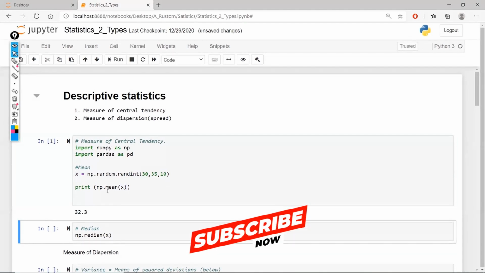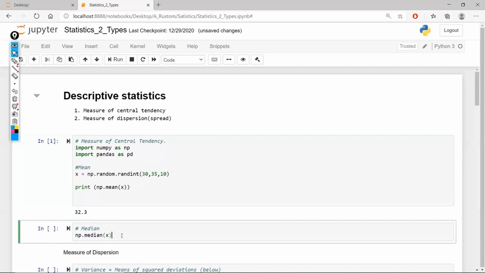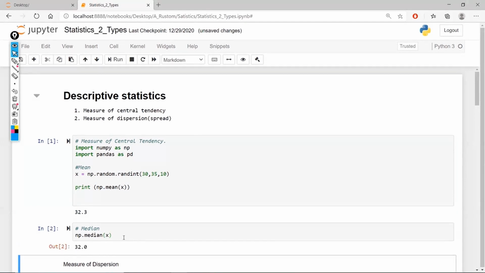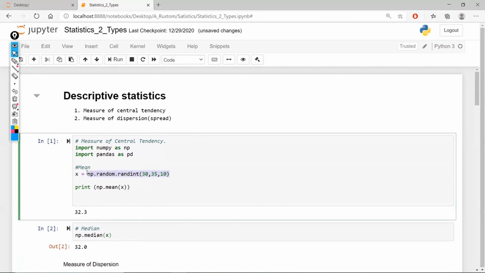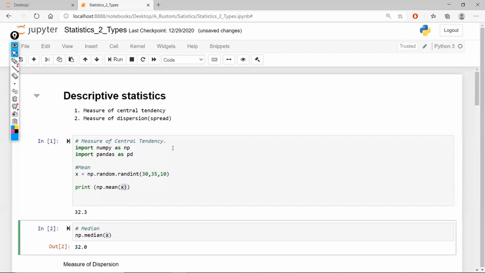This is the mean, and the median is basically 32. Randomly I'm generating instead of hard coding, and using that data to find the mean and the median. This is basically measure of central tendency.